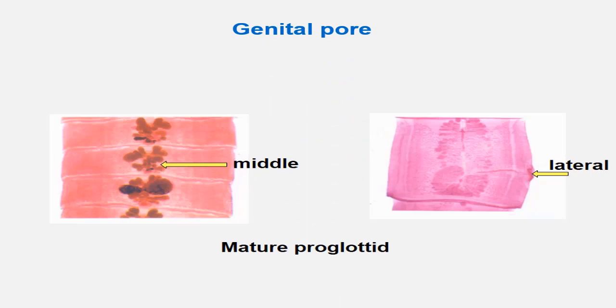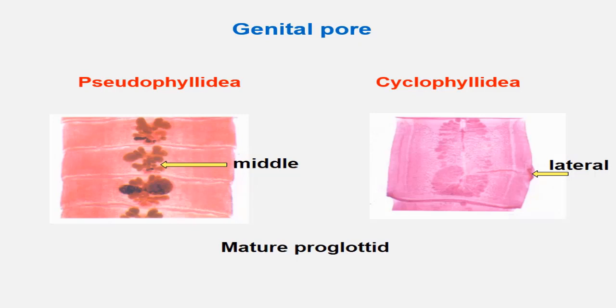About the genital pore, in order Pseudophyllidea, the site of the genital pore is at the middle, while in Cyclophyllidea, the genital pore is at the lateral side.